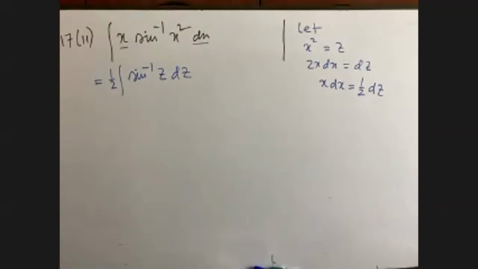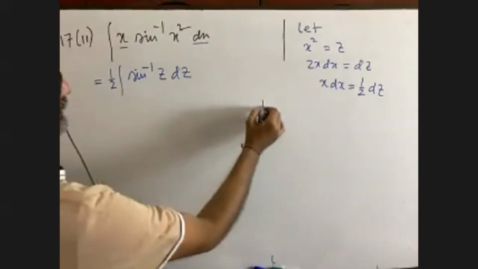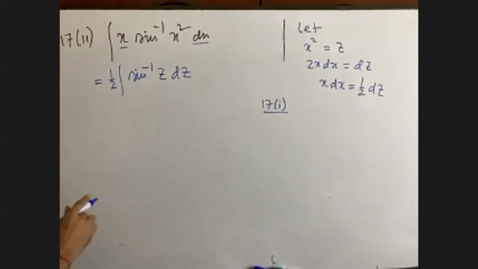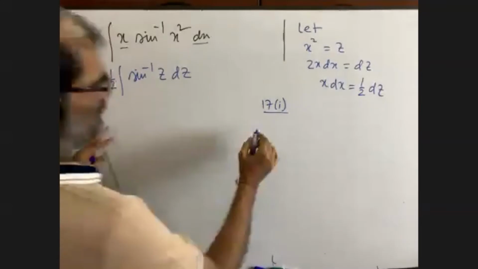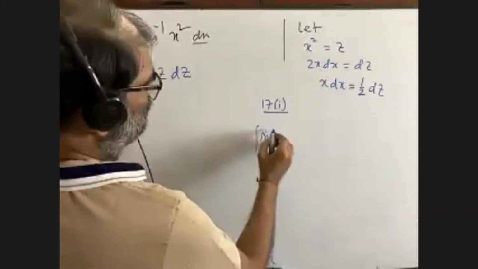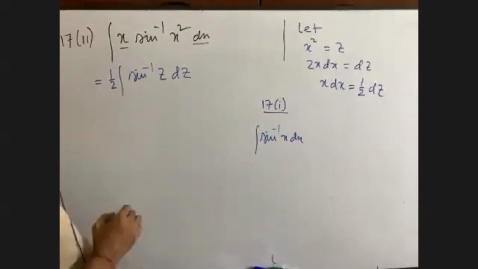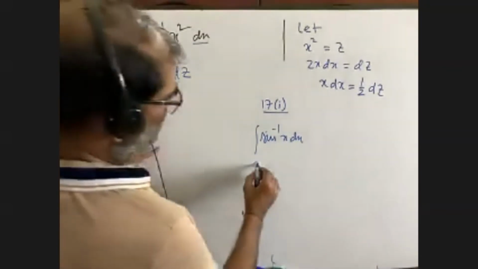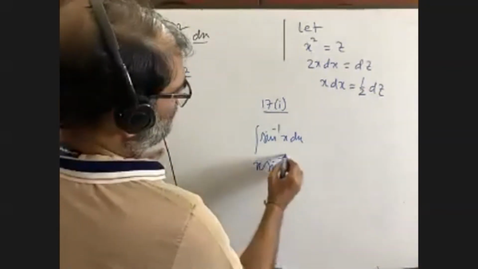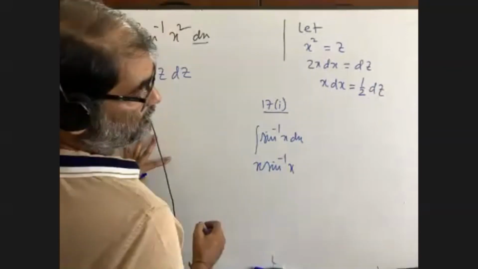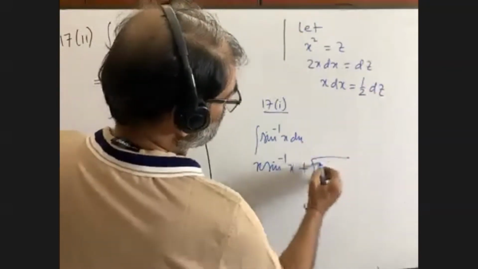Now we just did this math in 17.1. Can you remember, please talk to me? What was the question number 17.1? Sine inverse x dx. So what was the answer? X sine inverse x plus root over 1 minus x square plus c.